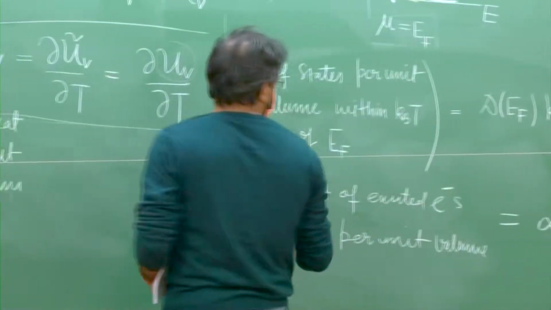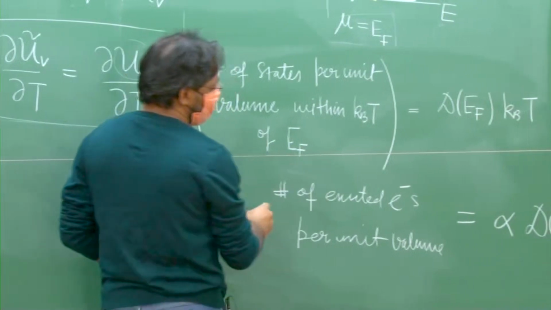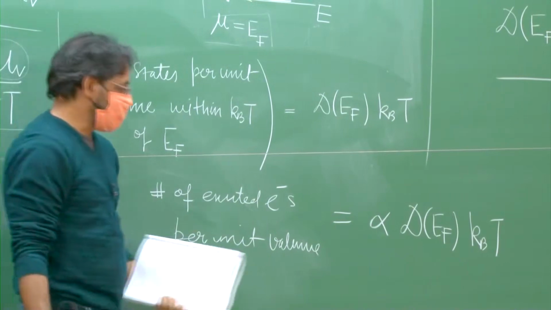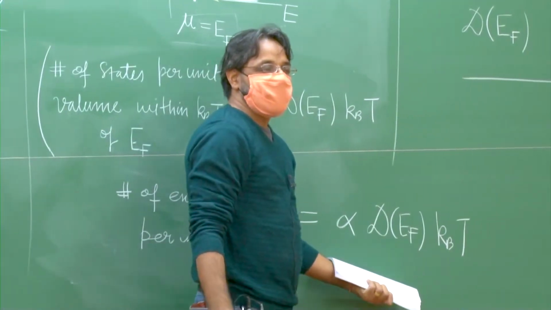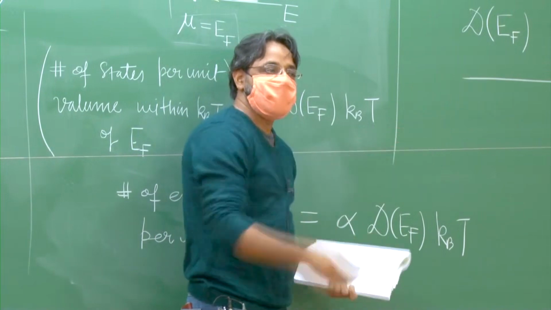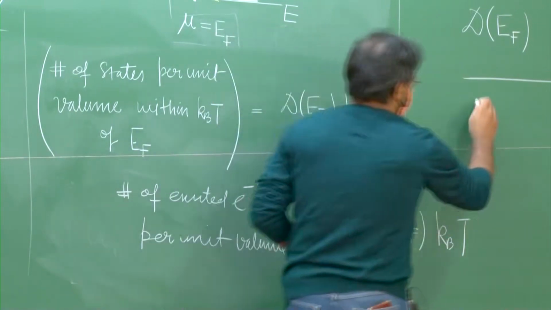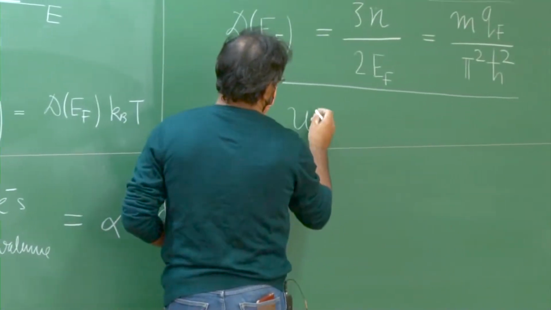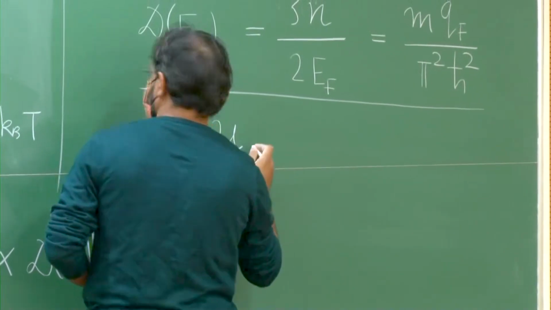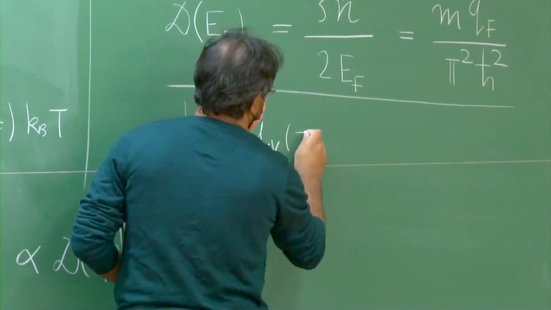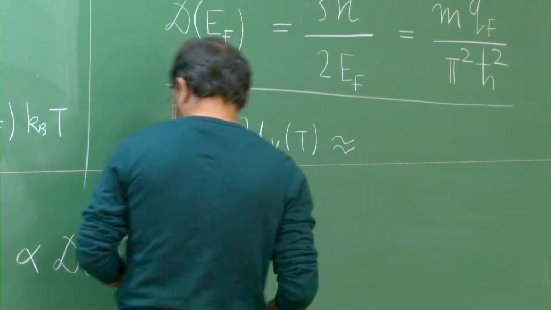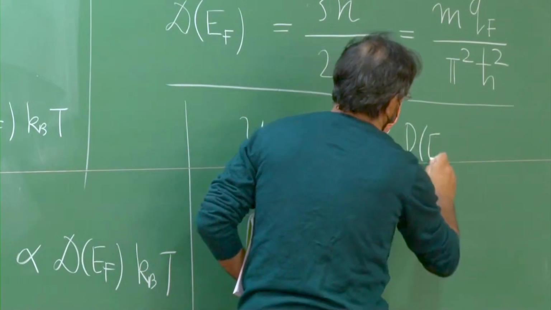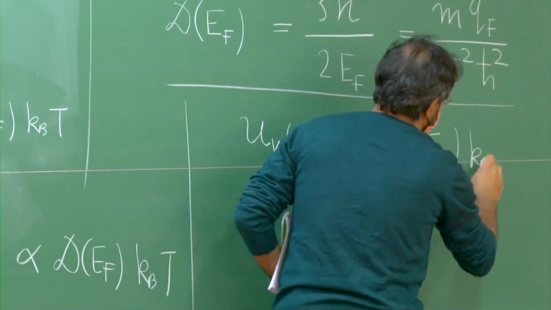So, therefore, what is the total energy of your system? The energy of your system will be this quantity multiplied with kBT, right, because these many electrons you have excited, and each of these electrons is carrying on an average an energy kBT. So, the energy of your electron gas at any temperature T, which is this quantity U V, will be of the order of alpha D(EF) times kBT squared.